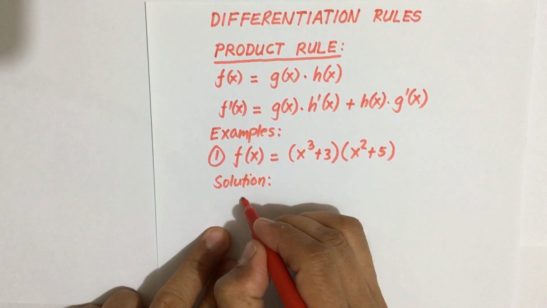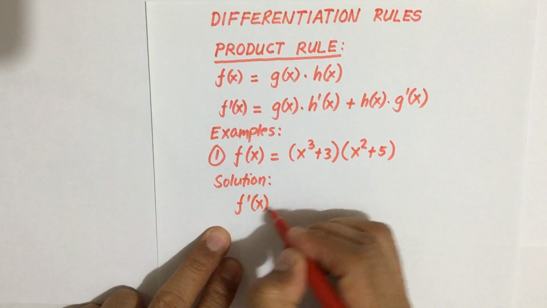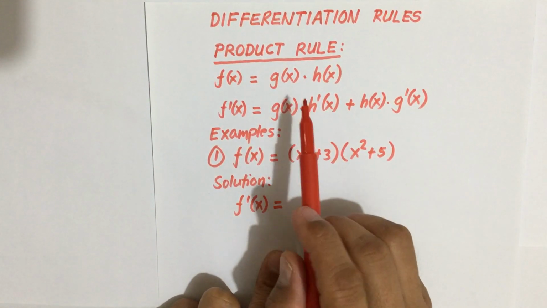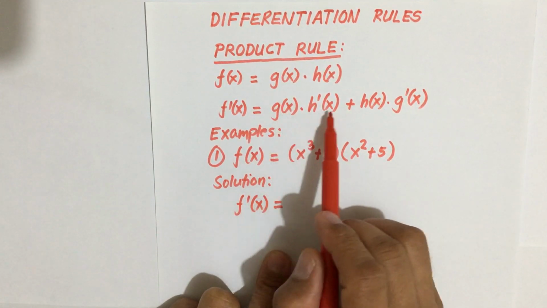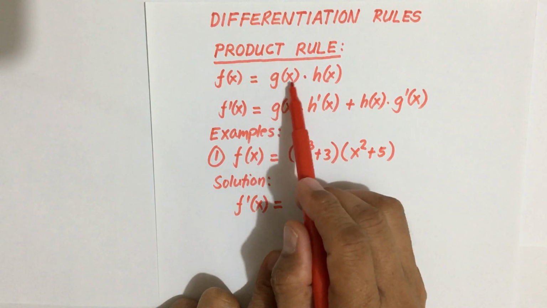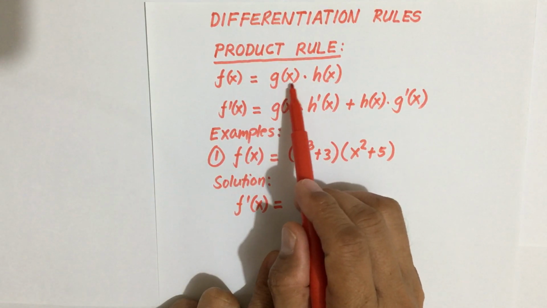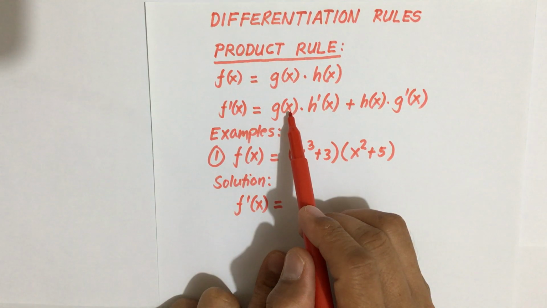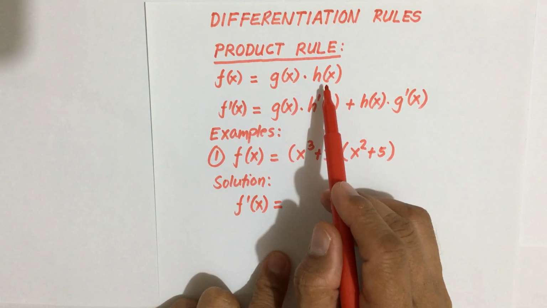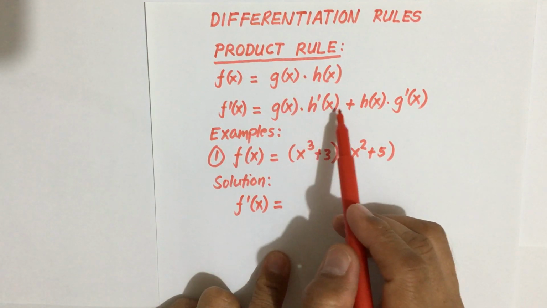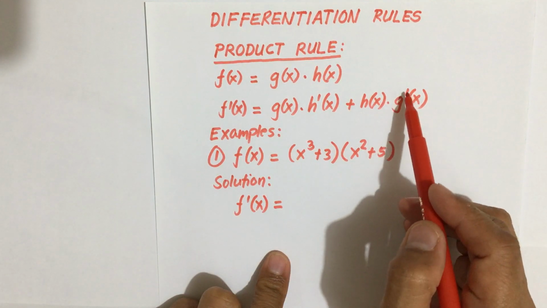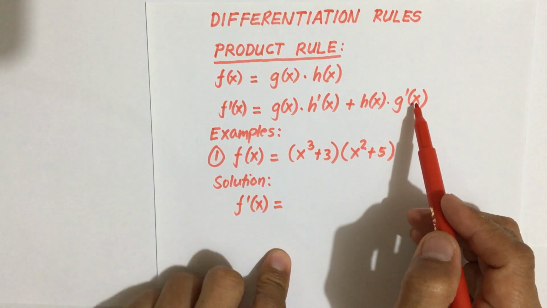so our f prime of x is equal to, so if you look at the product rule, our first term, we have the factor here, some function of x, multiplied by the derivative of some other function of x, then plus some other function of x times the derivative of some function of x.